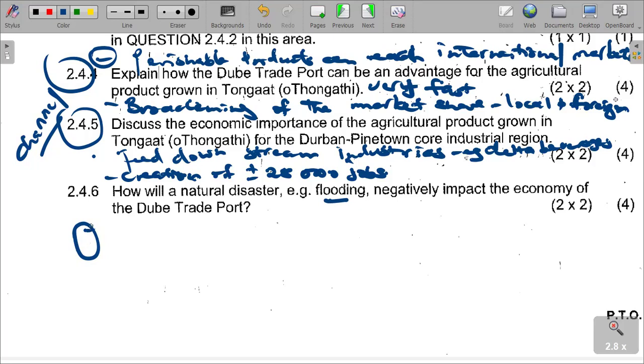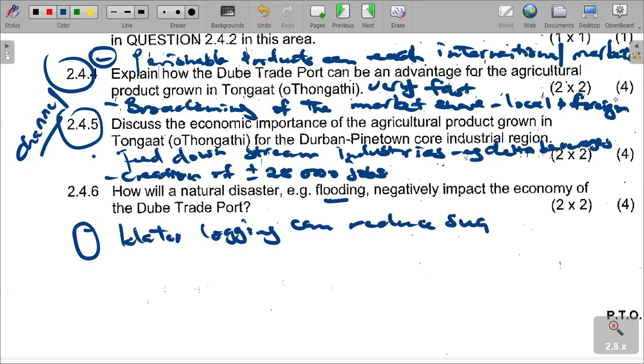Waterlogging can reduce the sugar cane yields. That can also be a problem that we can look at.